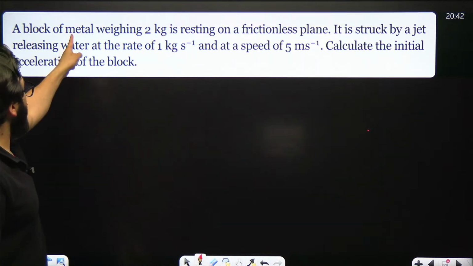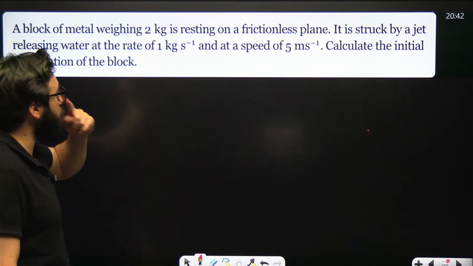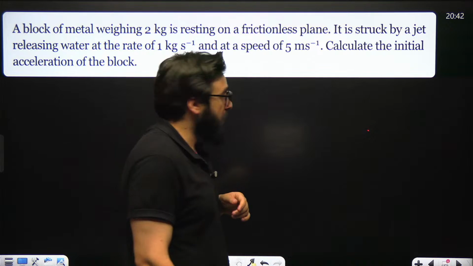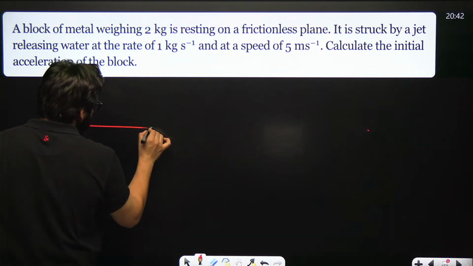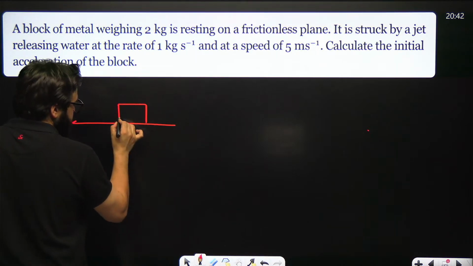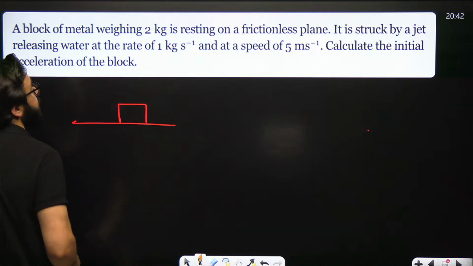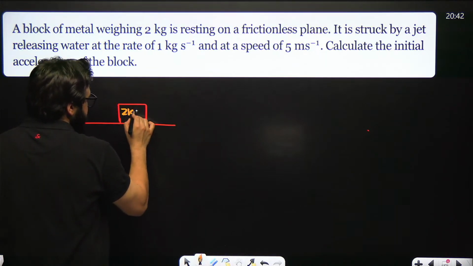A block of metal weighing 2 kg is resting on a frictionless plane. So we have got a block over here, which is resting on a frictionless plane, and its mass is 2 kgs.